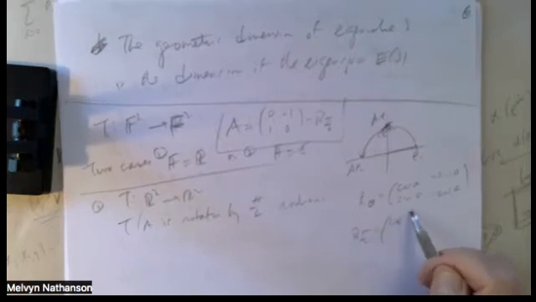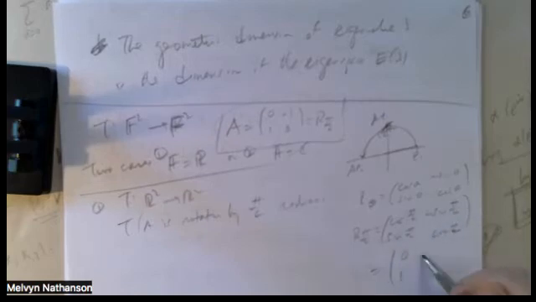So if you take the rotation to be pi over 2, this is cosine pi over 2, sine of pi over 2, minus sine of pi over 2, cosine pi over 2. Cosine of pi over 2 is 0. Sine of pi over 2 is 1. So you get exactly this. Geometrically, this corresponds to a rotation by 90 degrees or pi over 2 radians.